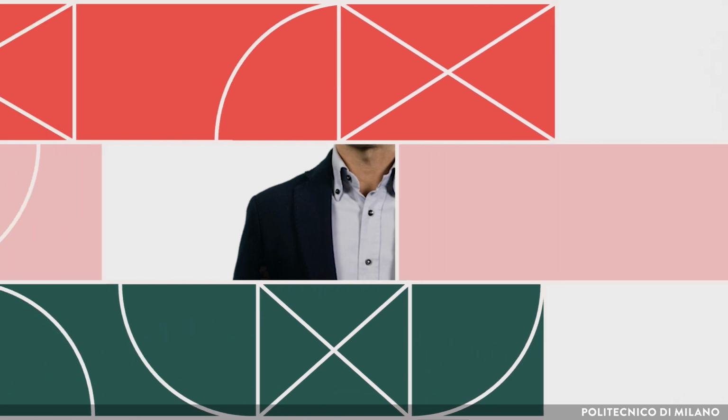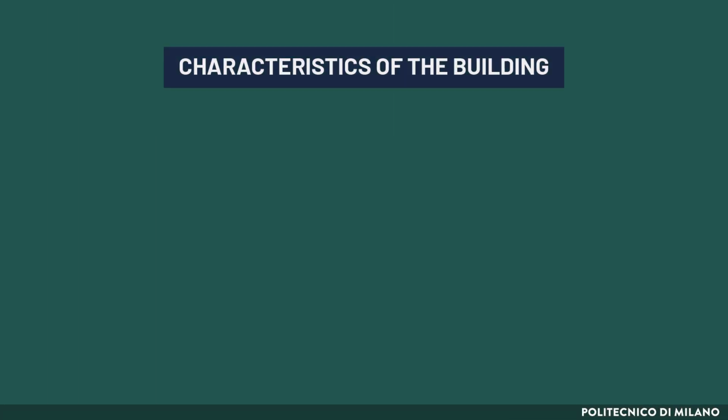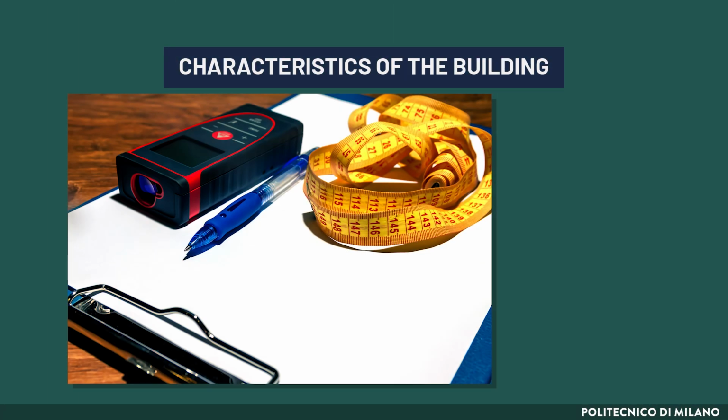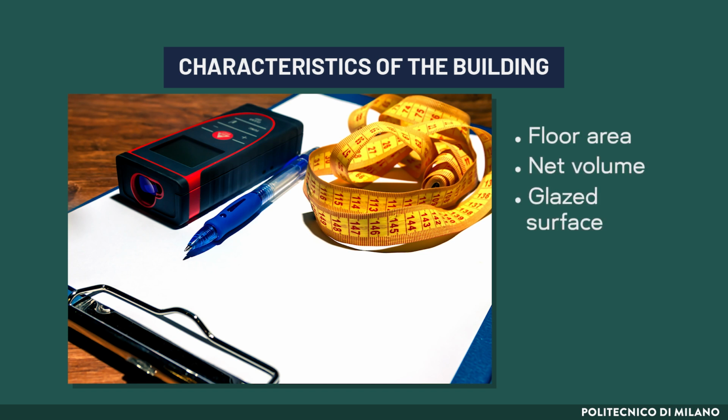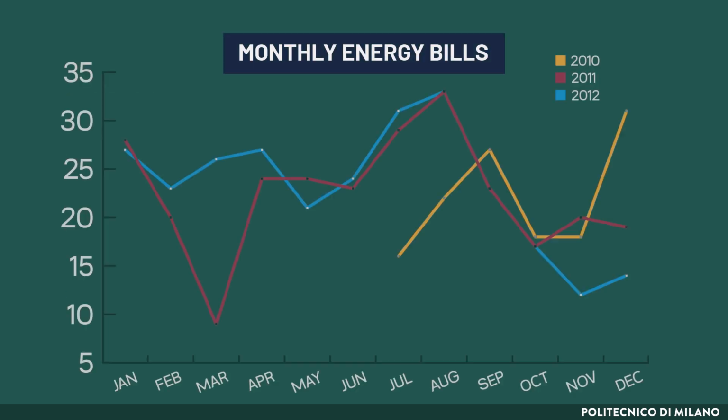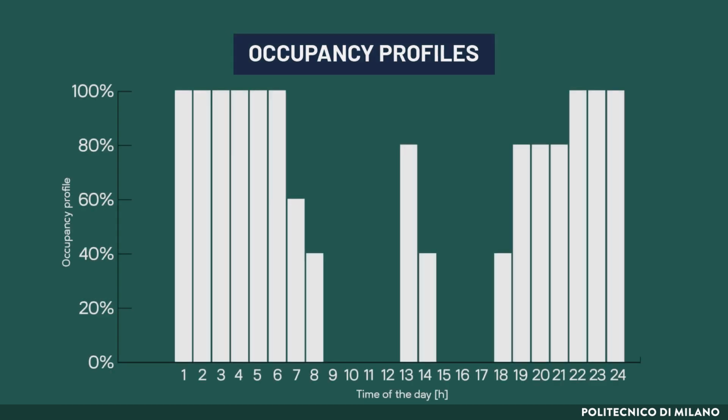Now, let's explore the main information to be collected during an energy audit process. 1. General characteristics of the building, such as floor area, net volume, glazed surface, opaque surface, etc. 2. Monthly energy bills of electricity, natural gas, and other energy vectors. 3. Occupancy profiles and users' needs and concerns. 4.